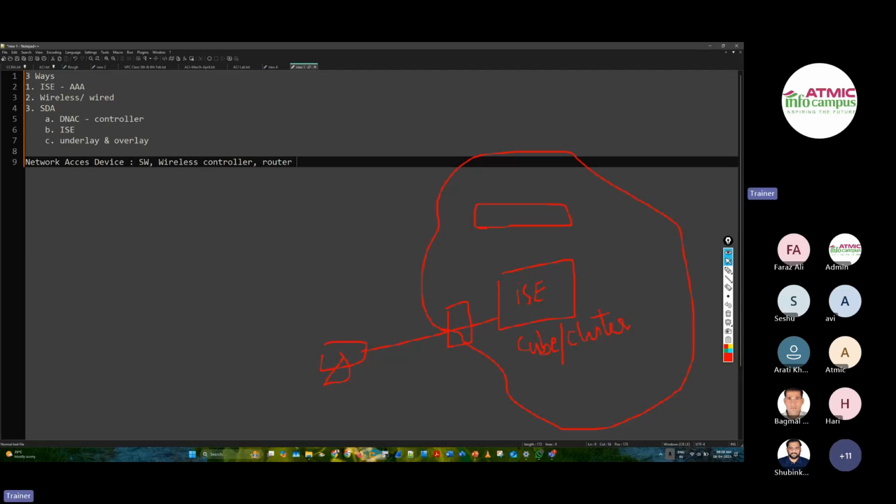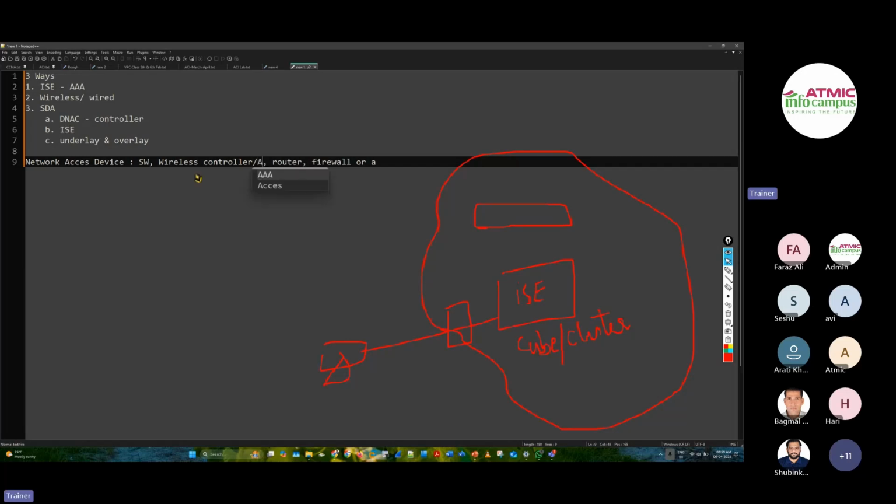Is that it? Or an access point, are we missing anything? Firewall, yes, router, firewall. Okay. Controller, access point.